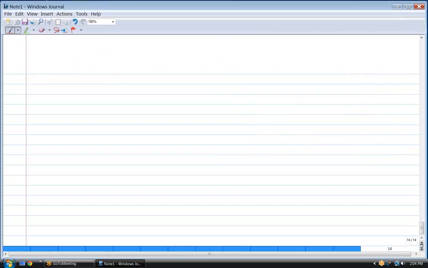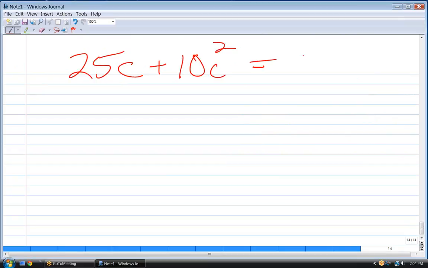Okay, 25c plus 10c to the second power equals 0. The biggest factor of that would be 5. That's the number. What's the letter?